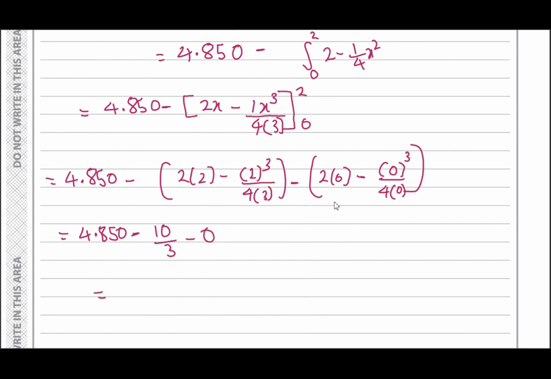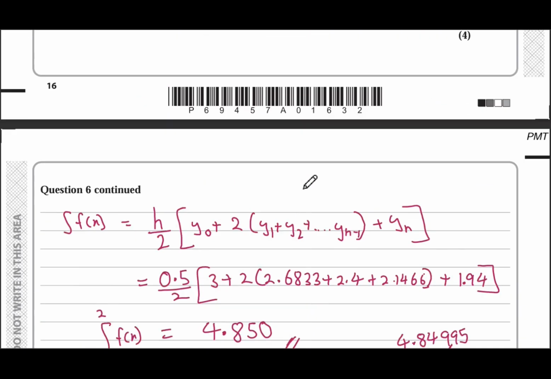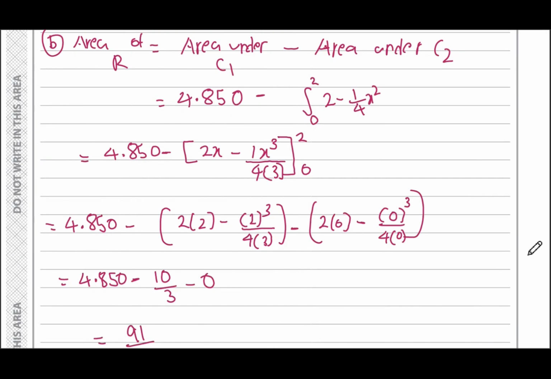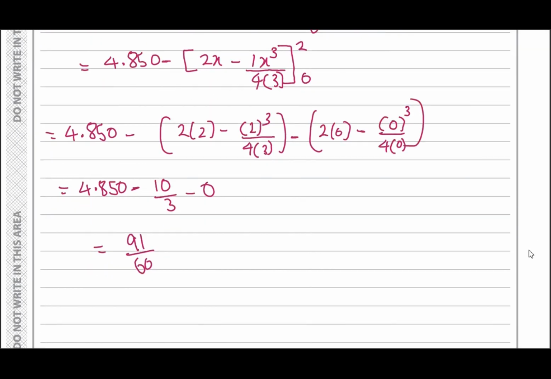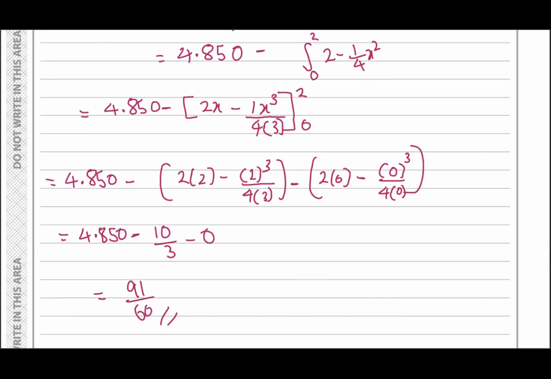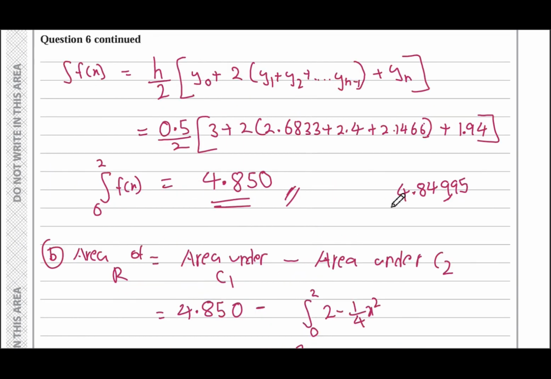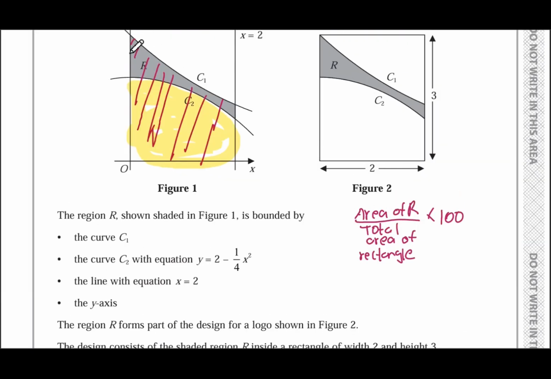So the final answer is 4.850 minus 10 over 3, which is 91 over 60, guys. This is an area, so it is unit squared, but we don't need to show that for now. This is the area of R. And just to remind you, the way we found it was area under C1 minus area under C2. Area under C1 is the red part, minus the area under C2, which is the yellow part.